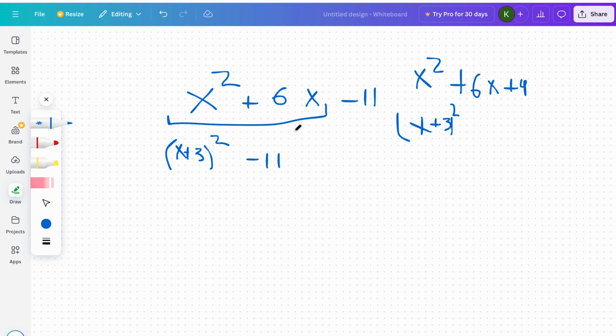And in this expression, we have x squared plus 6x. So subtract the 9. Now x plus 3 squared minus 9 is equal to x squared plus 6x, right? Because that's what that's equal to. From here on out, it's just algebra once again.